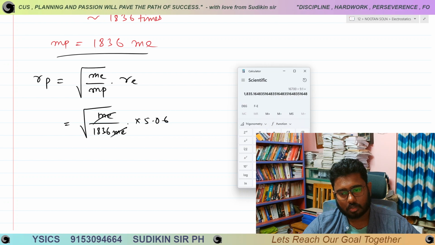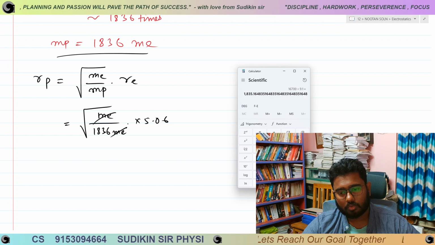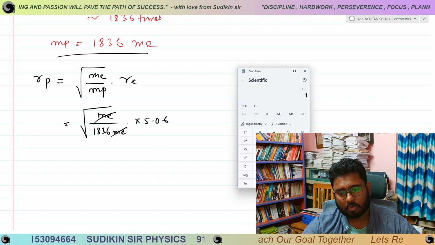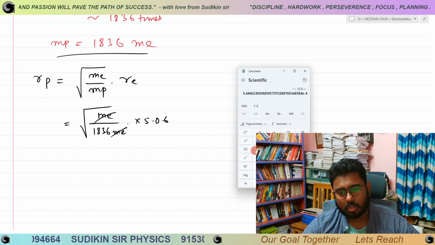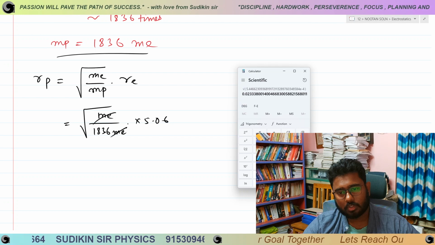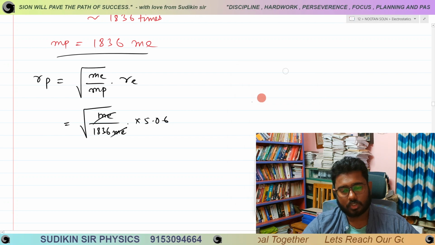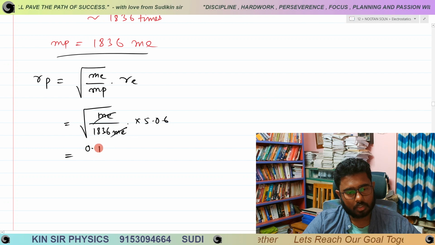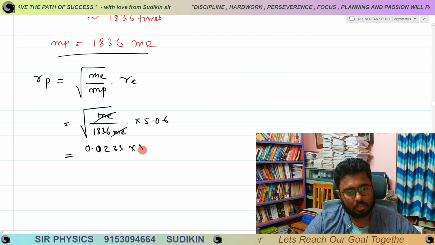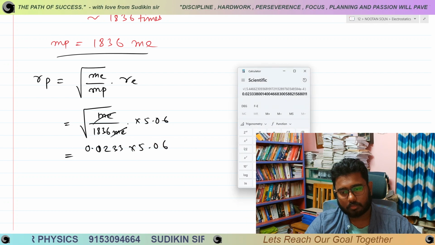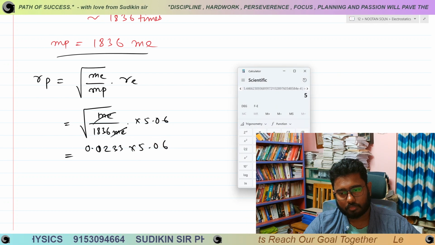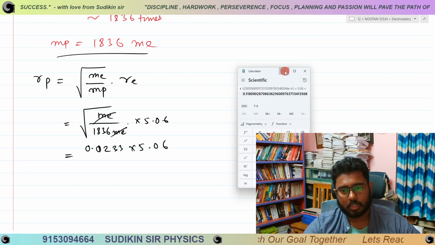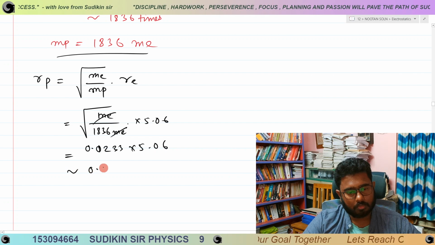Let me do it in another way. That will be 1 divided by 1836. Now root over of the answer will be 0.0233. So 0.0233 into 5.06, if I multiply that, what will I get? That is approximately 0.118.